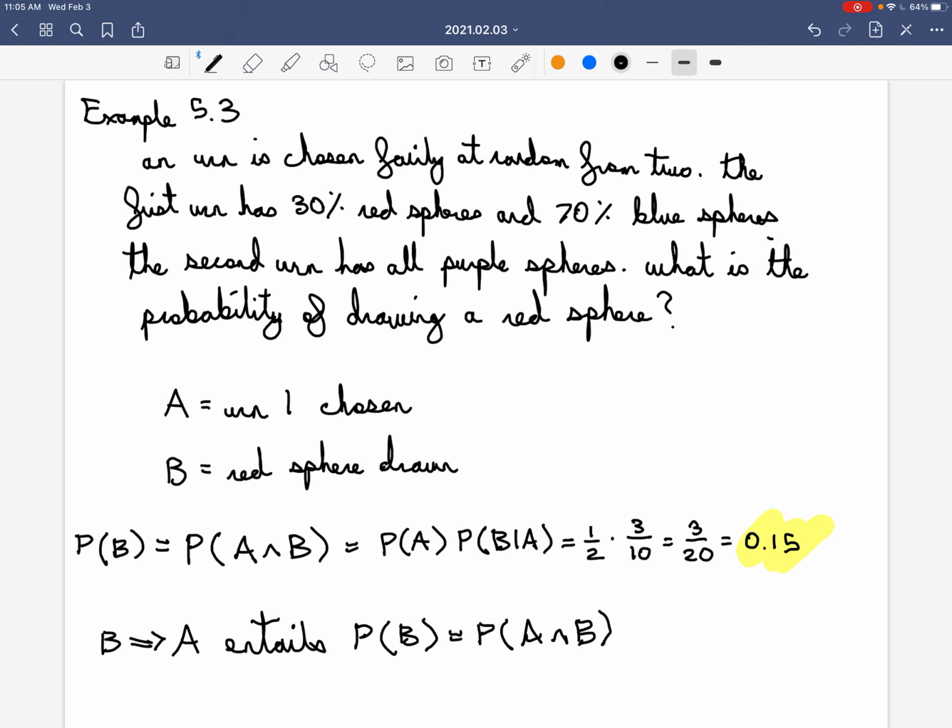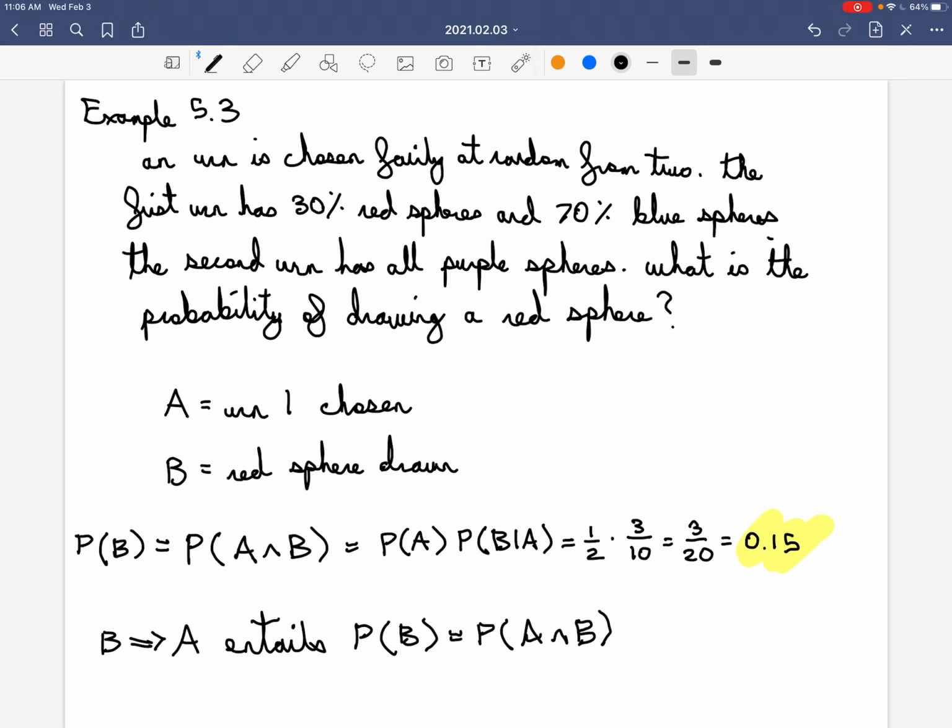The first urn contains 30% red spheres and 70% blue spheres, and the second urn has all purple spheres. So we want to know what is the probability of drawing a red sphere from this process.